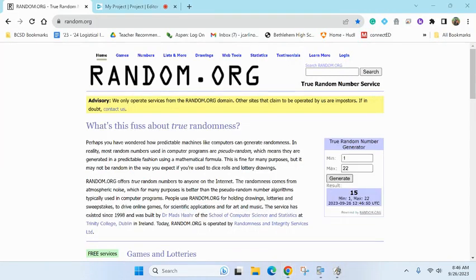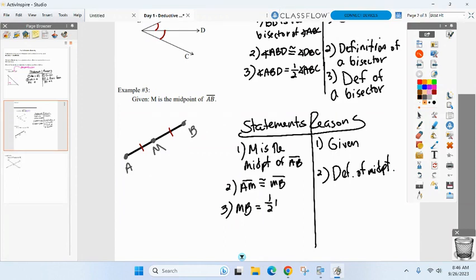AB, yep. And that will also be definition of a midpoint. And yes, could I add in a step 4 instead of MB, write AM, definition of a midpoint? Yeah, you could have.